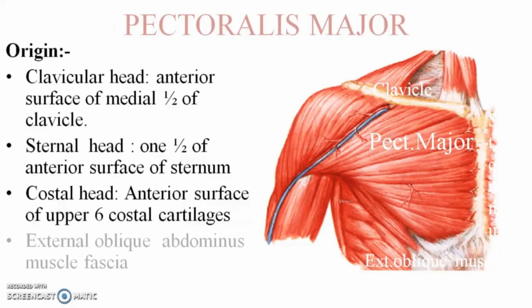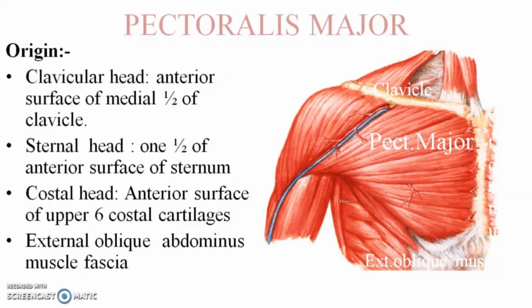Then we will be having some fibers taking origin from the external oblique abdominis muscle. This is a muscle seen in the abdomen region. This muscle is covered by a fascia that we will call the abdominis external oblique fascia. That fascia is also providing small fibers for the pectoralis major muscle.